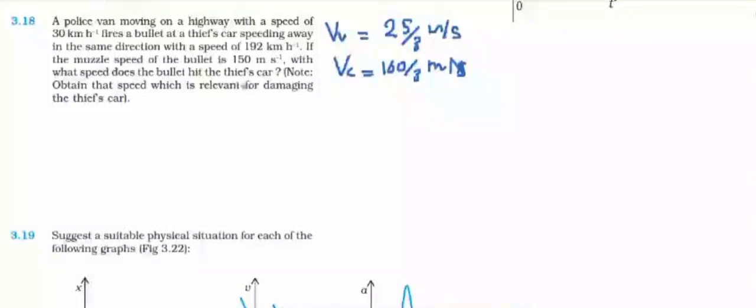Then the muzzle speed, the initial speed of the bullet, is 150 meter per second.